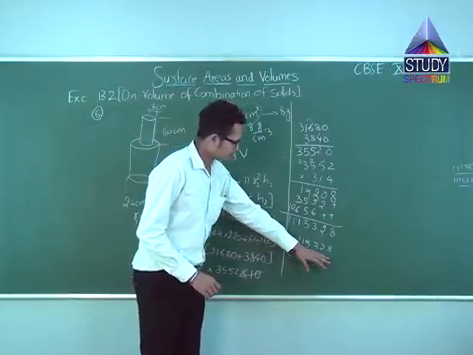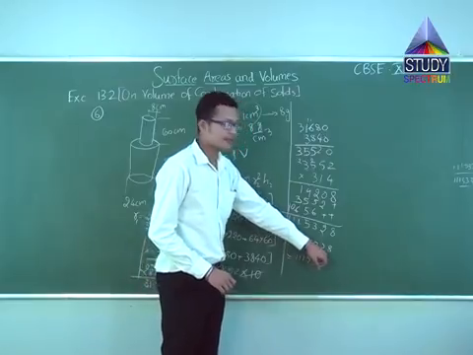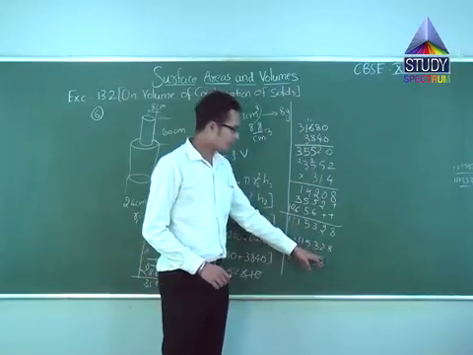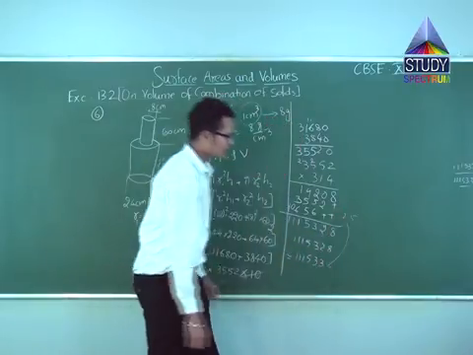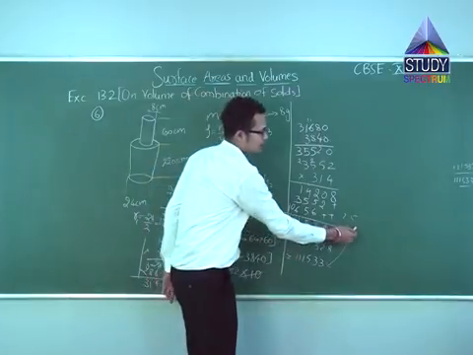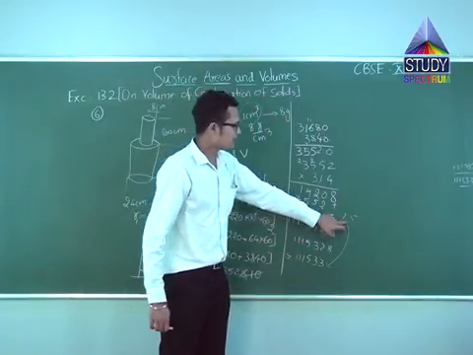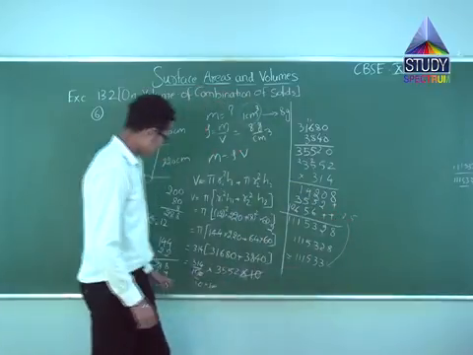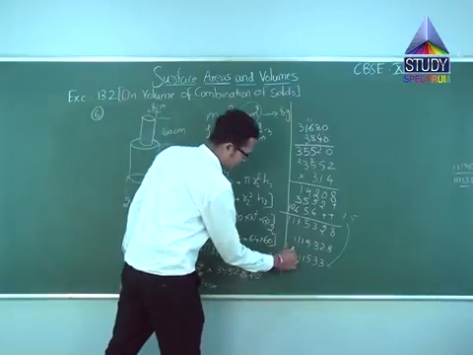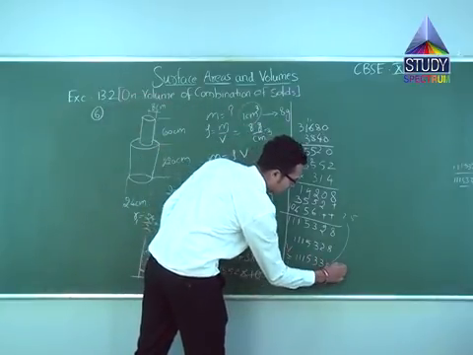This is 2.8, which is greater than 2.5. When the value is greater than 2.5, approximate it to 3. If it is 2.6 and 2.7, so on and so forth. Similarly, when you have values lesser than 2.5, it remains 2. Now this is the volume, in cubic centimeters.